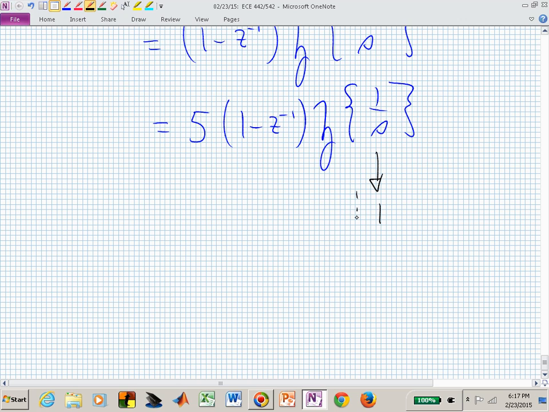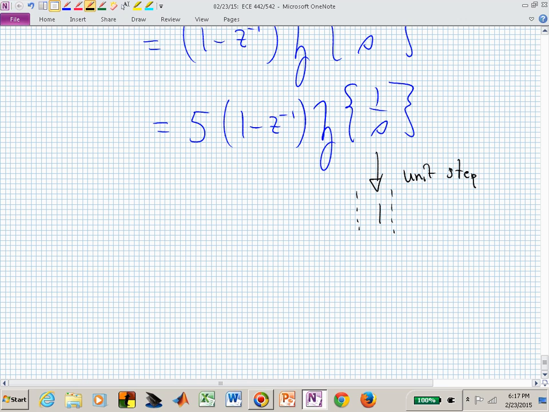We now sample that. And what happens when we sample a constant 1? That's the unit pulse, or the unit step response in discrete time.